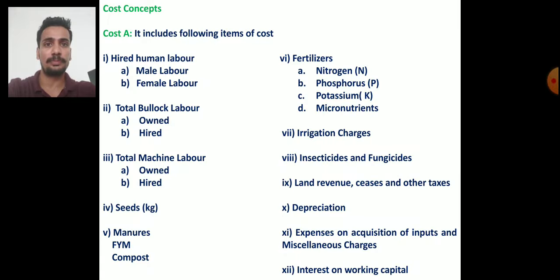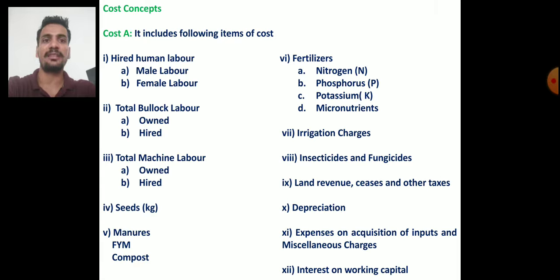Why? Because if you go to purchase this working capital, you must take short term loans, and the interest rate of short term loans is up to 6-7%. The duration of the crop is also seasonal, for 6 months. That's why we calculate interest on working capital at the rate of 6% or 7%.